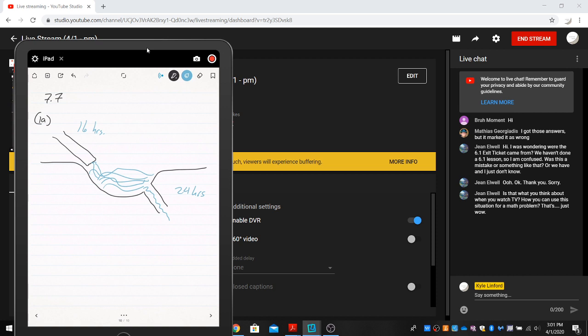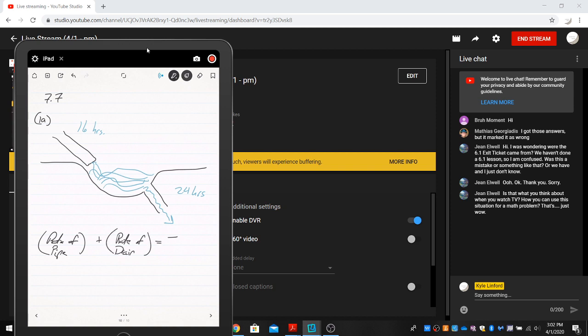So now we have a bit trickier of a situation. This is one where I'm pumping water into the reservoir, but water is also leaving at the same time. So let's take a minute and let's think about the setup here. We have the rate of the pipe that's pumping water in, and then I have the rate of the drainage pipe.